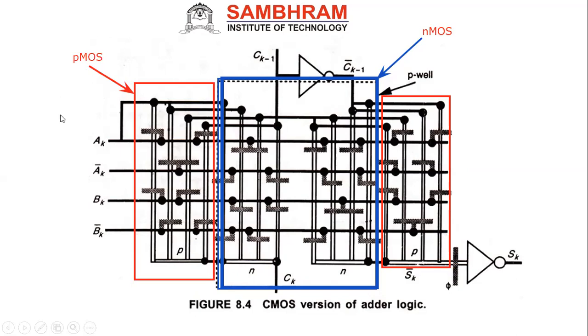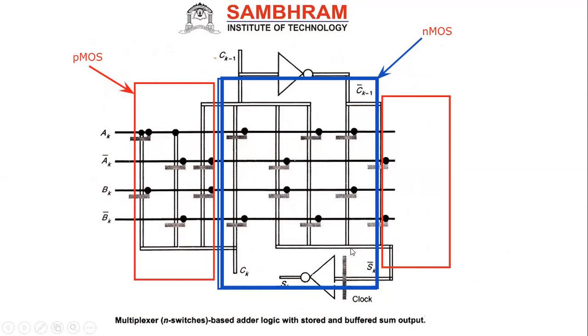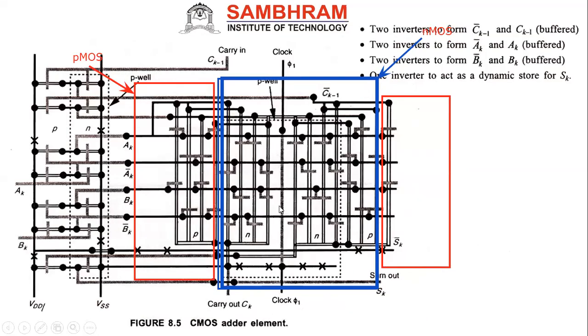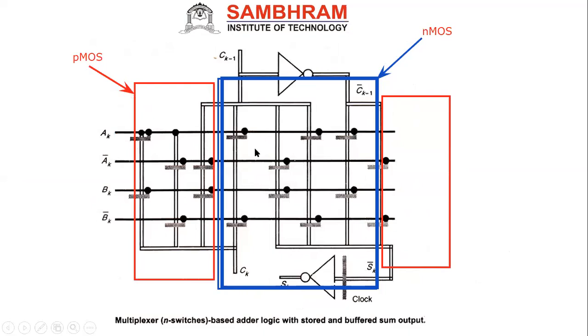Now compared to the previous case, how many transistors are required in this? In the NMOS, here 1, 2, 3, 4, 5, 6, 7, 8. 8 plus 8, 16 transistors are required, correct? NMOS 16, then inverters, 2 inverters are required, correct? 2 inverters in the sense, how many switches actually? 2 inverters means 4 NMOS switches, correct?